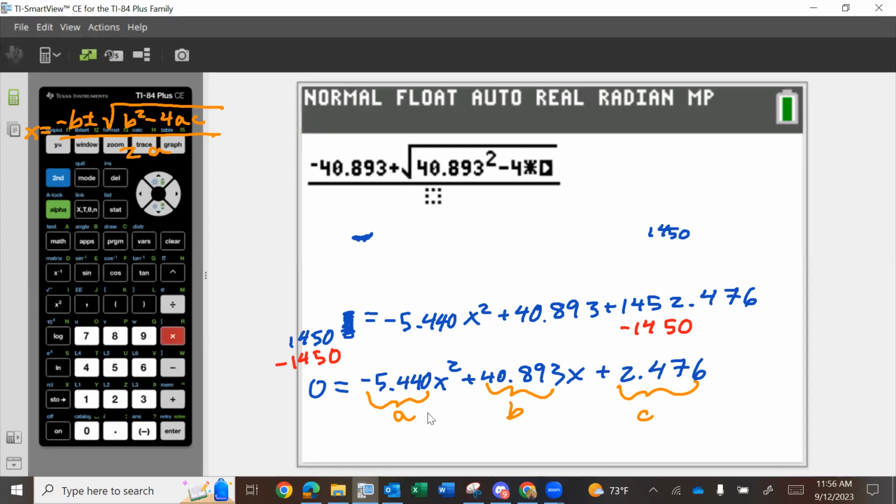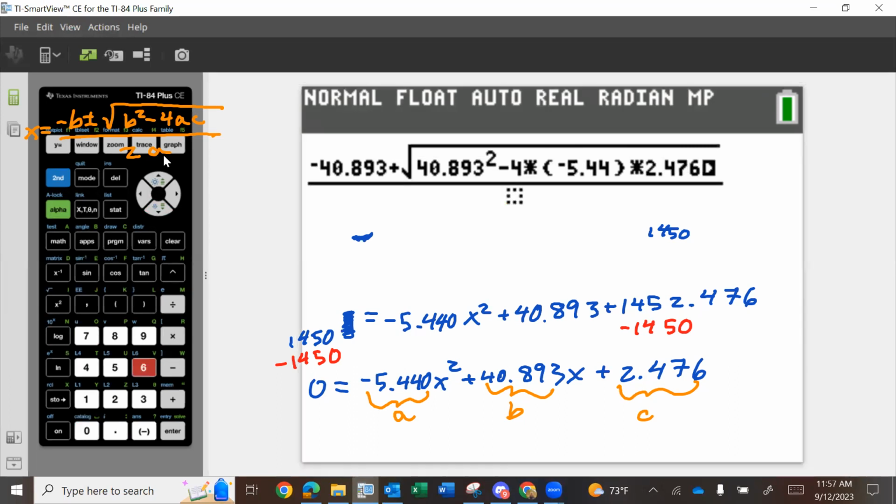Now a has a negative, so I'm going to put it in parentheses just to make sure that it doesn't freak out on me. 5.44. Then it says multiply that by c. I can put it in parentheses if I want. I don't have to. It's not negative. So we're all done with everything on top.